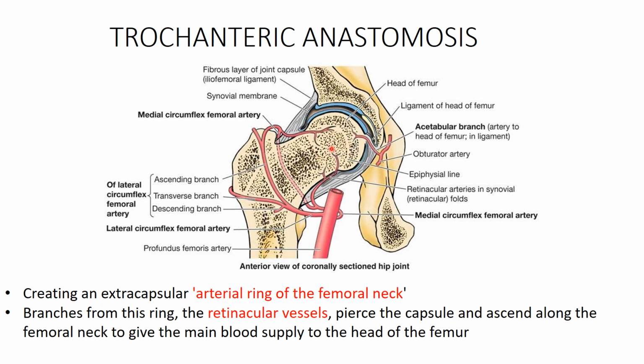So this is the main supply, and only a part of the fovea is supplied by the acetabular branch from the obturator artery, which we have already discussed passes through the ligament of the head of the femur to supply the fovea.